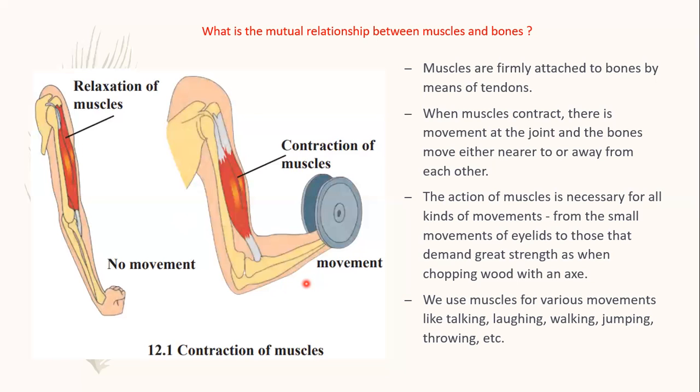Let's say when you are blinking your eyes, what happens at that time? You might have noticed that you blink even while you talk. That is something you cannot control, and that blinking of the eyes is happening because of the muscles present in your eyelids.